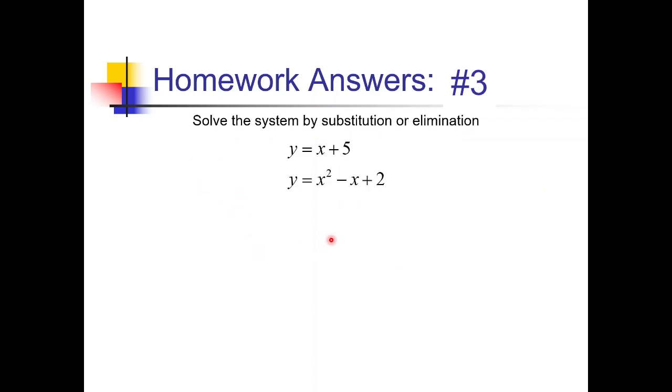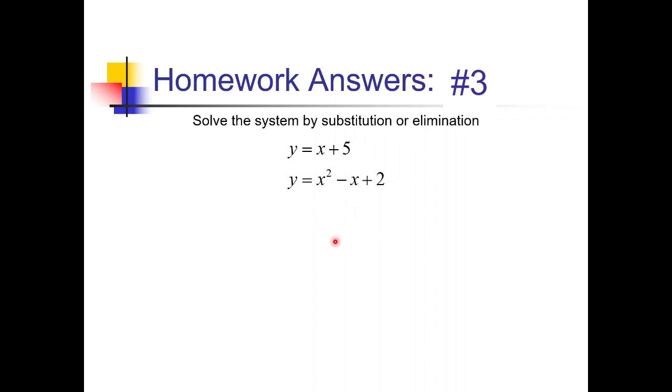For this problem, they want us to solve this using substitution or elimination. Since we haven't really gone over elimination in the lesson yet, substitution seems like a good approach. It's a good approach anyway. We notice that we have a variable by itself, this y, so substitution is actually going to be the fastest way to do this one anyway. So what this means is we are going to replace one of these y's with whatever the other y equals.